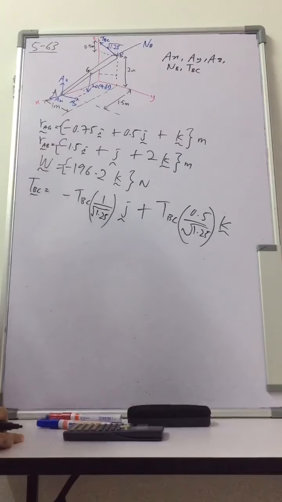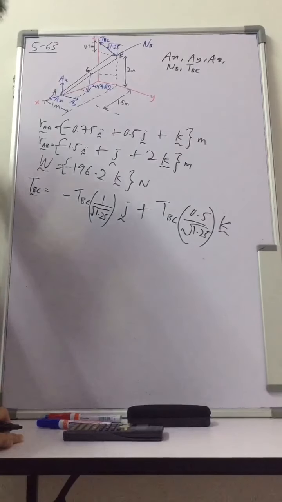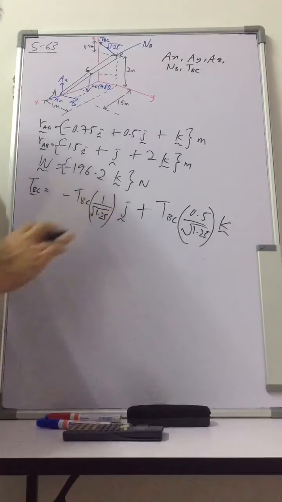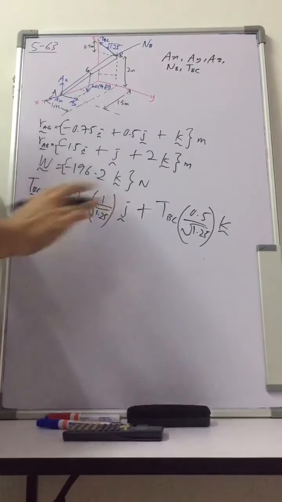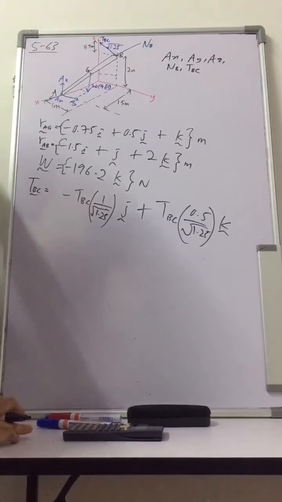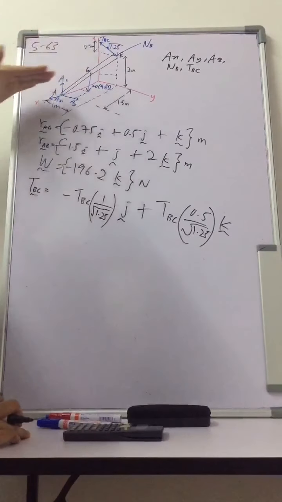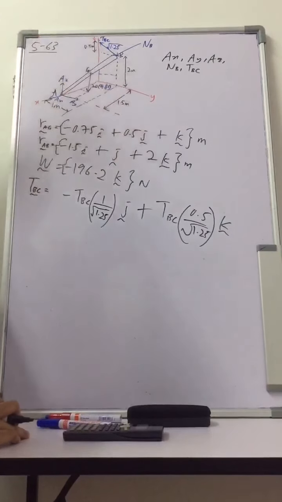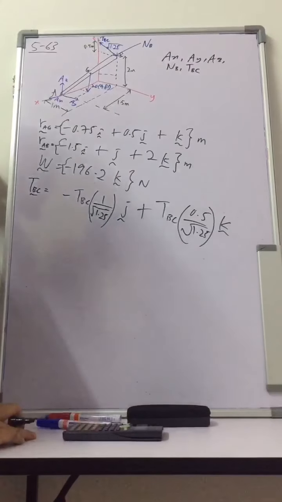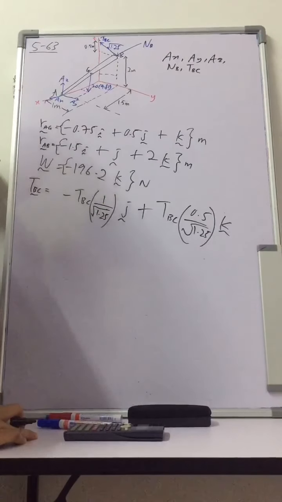To find the unknowns using vector form, the best way, when you use moment, is to try to eliminate the maximum number of unknowns in one single equation. You can do Mx equal to 0 or My equal to 0 or Mz equal to 0, even MB equal to 0. But what is the point?